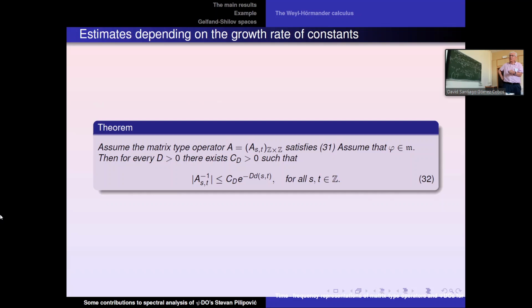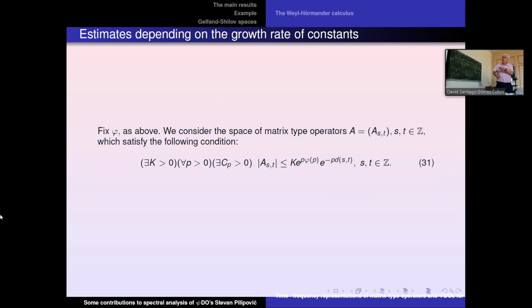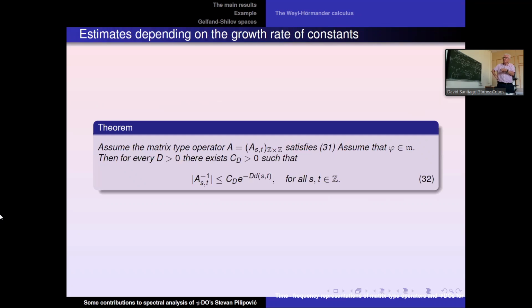Now I cannot control this constant, but I know that for every d there exists cd, in the sense that I started with some matrix with this property, and then with this property I can construct a matrix such that AST to the power minus 1 behaves as I would like to have, but without control on cd.